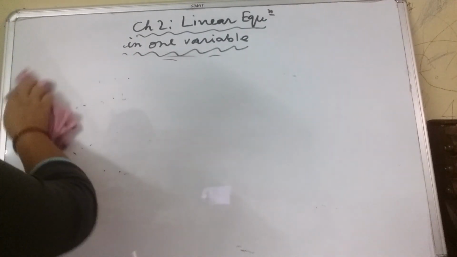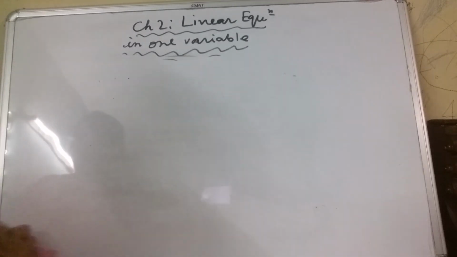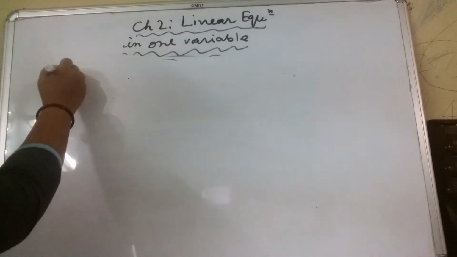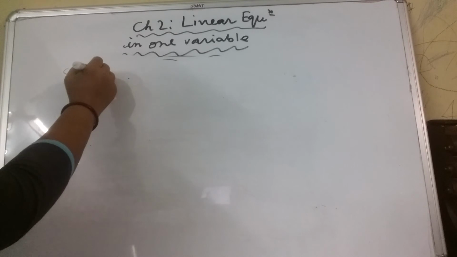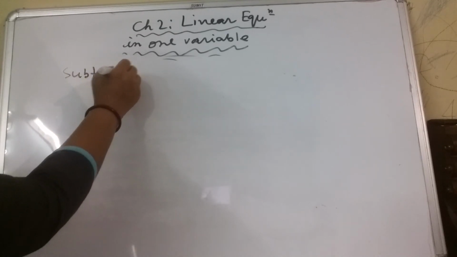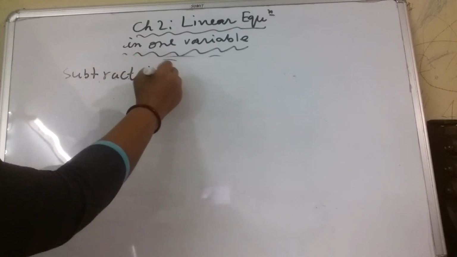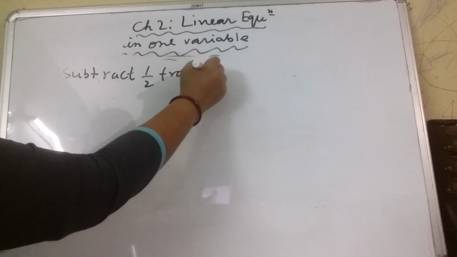And if you are asked to subtract 1 by 2 from a number and multiply the result by 1 by 2, you will get 1 by 8. What is the number? So first you have to form the equation. Subtract 1 by 2 from a number.